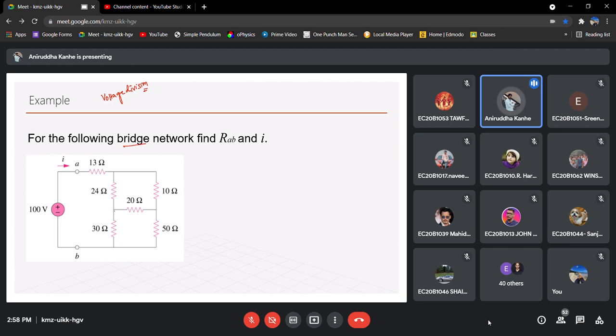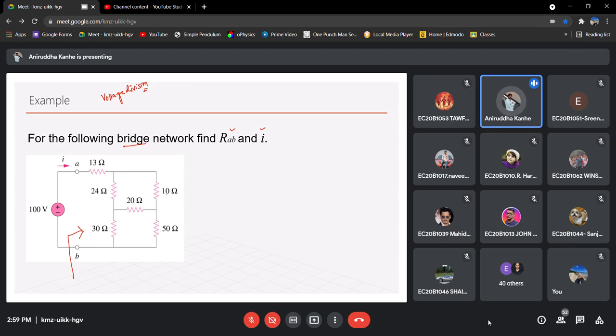So if we want to find the RAB resistance, that means this one. So what are the ways by which you can find the RAB resistance and the current I?